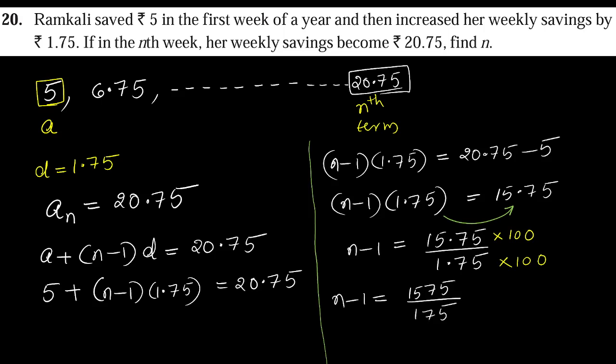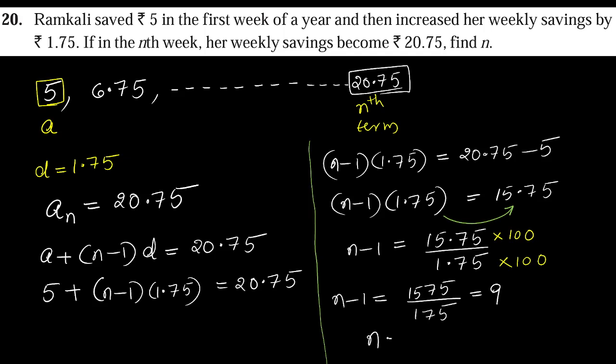That division part I don't want to discuss. You will get 9. Okay, you can try it. So n minus 1 equal to 9.